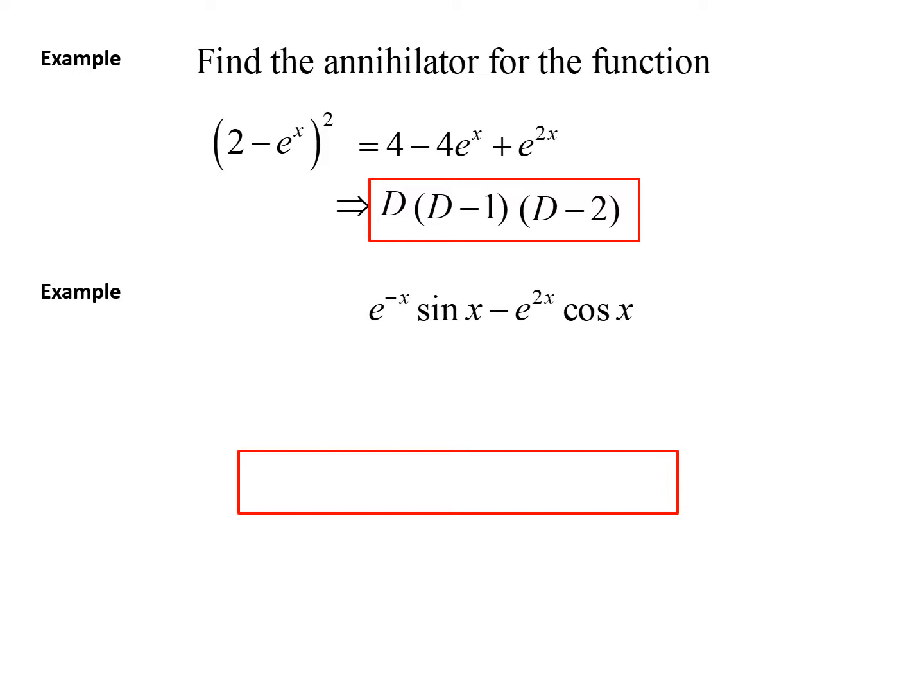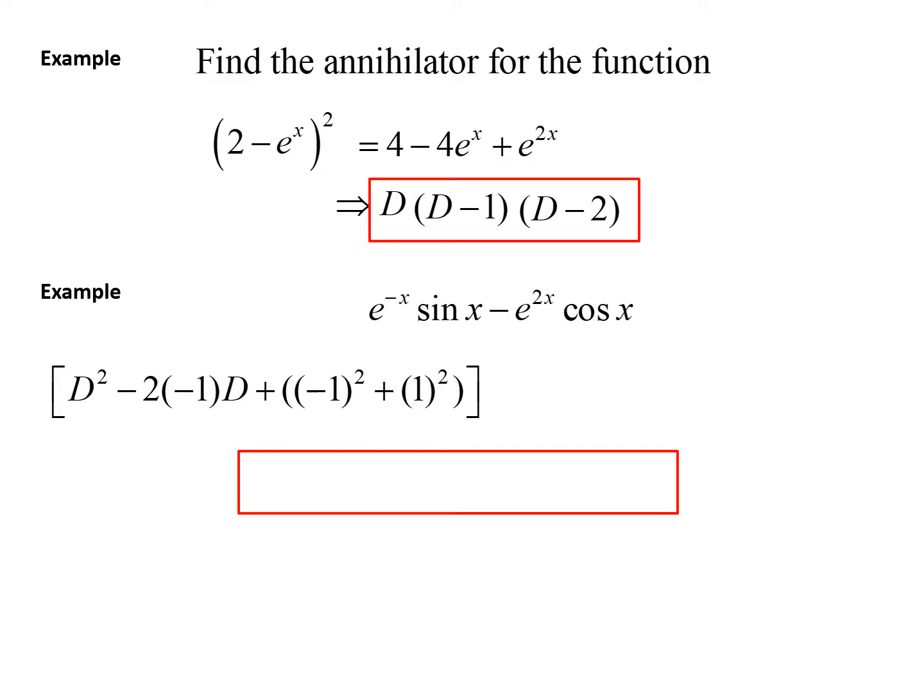So for our first term, e to the negative x sine of x, our alpha is negative 1, our beta is positive 1, and our n is going to be 0 because there's a constant 1 there, which is a polynomial of degree 0. So we plug those values in, we get d squared minus 2 times negative 1 times d plus negative 1 squared plus 1 squared.